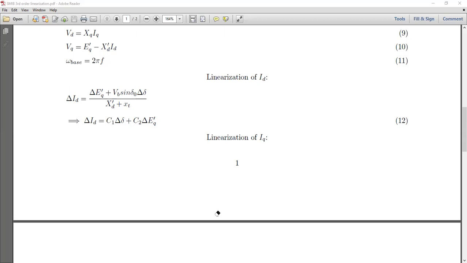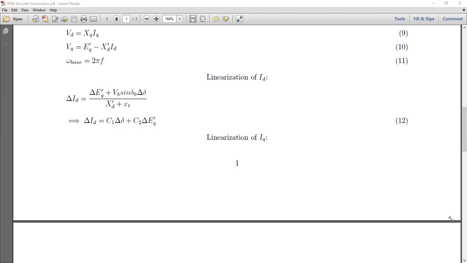We simply copy the initialization file and make a new file, which means we already have the initial conditions for the system calculated. With these values, let's start with the formulation of C1 and C2.